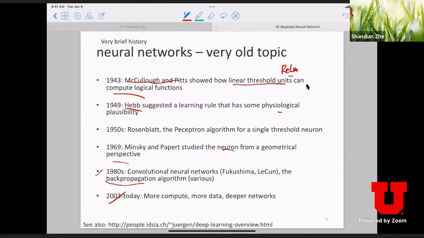But from 2003 to today, people found that if you have large data and enough computational power, especially with the development of GPUs, neural networks are really powerful on big data in many scenarios, like image classification, voice recognition, and even areas like the game of Go. People never thought a computer program could beat the world champion of Go, but right now neural networks can do that.